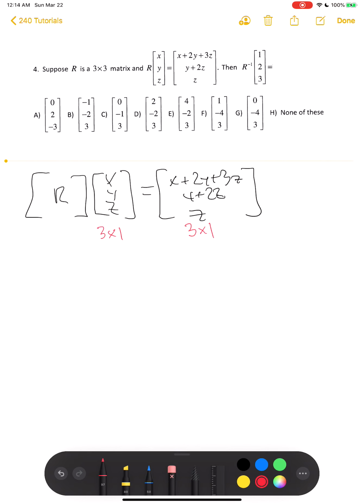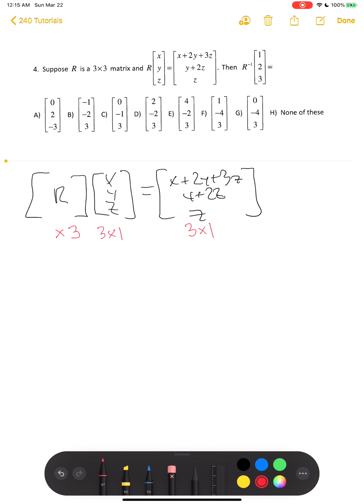If I was able to multiply these two matrices together in the first place, I need my number of columns to be equal to the number of rows of this one. So I need a something by 3. And then I need the number of rows as well to be equal to the number of rows in the term on the right-hand side of the equal sign.